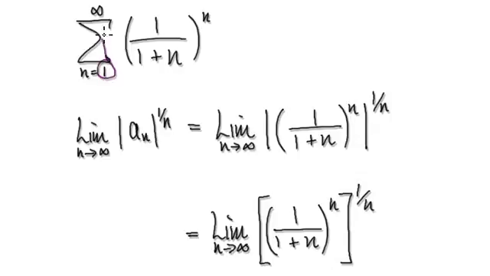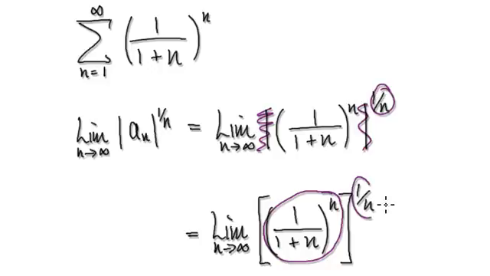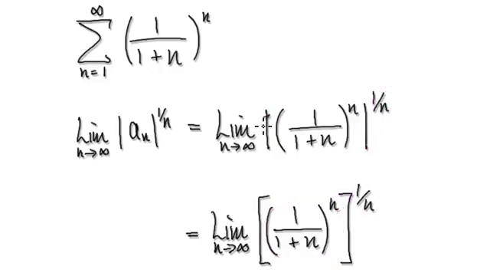So now n is moving from 1 to infinity, meaning the whole thing here will never be negative. So we can discard the absolute here. That will then give us this, and then to the power of 1 over n. So basically discard the absolute sign.